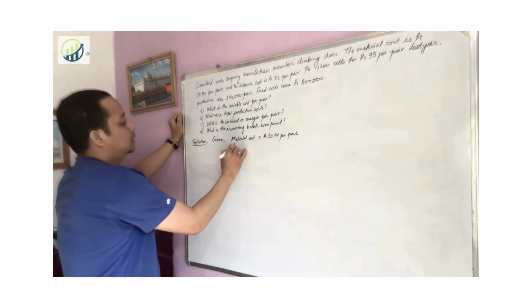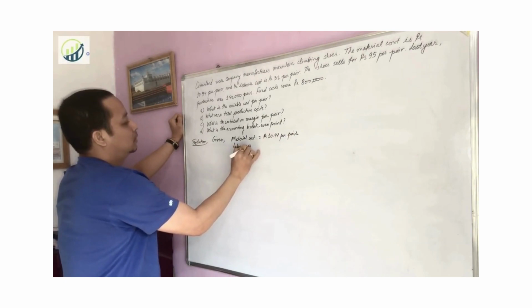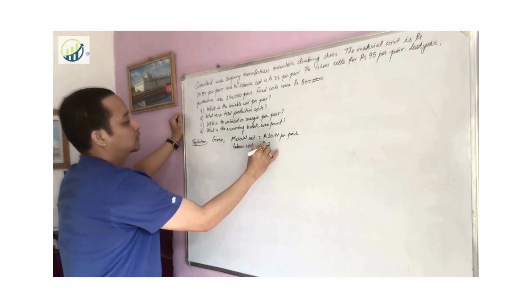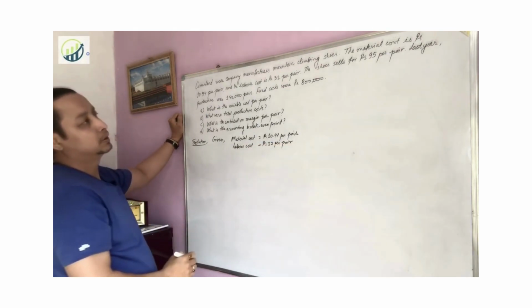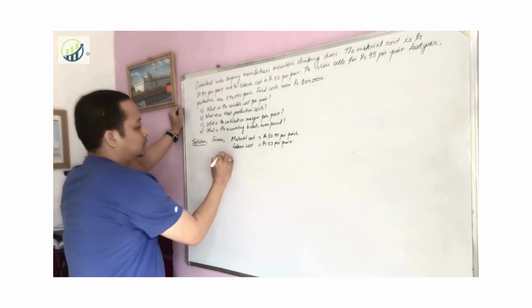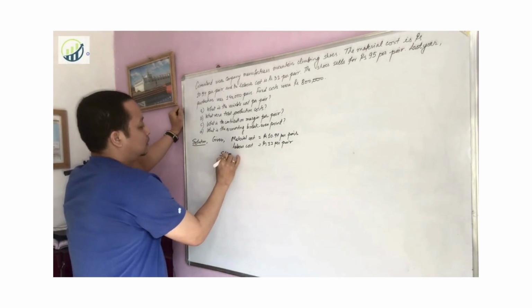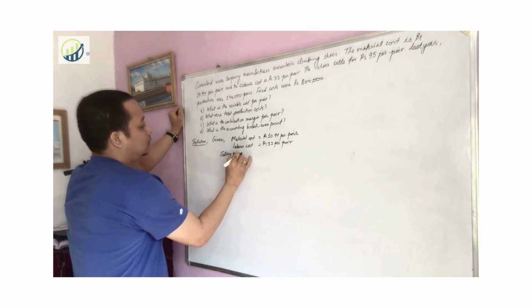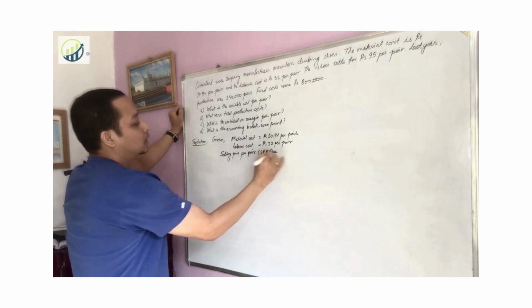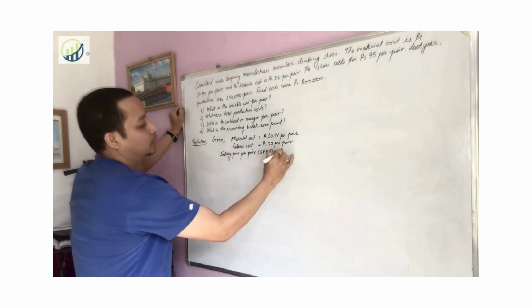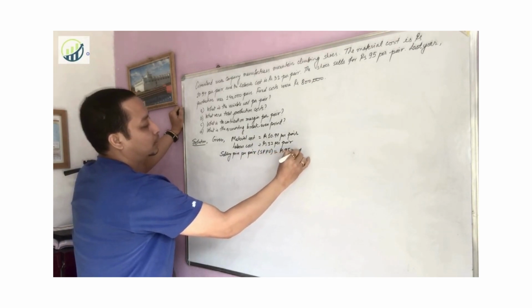Labor cost is given here, rupees 32 per pair. Selling price per unit is given here. Selling price per pair or per unit, that is rupees 95 per pair.